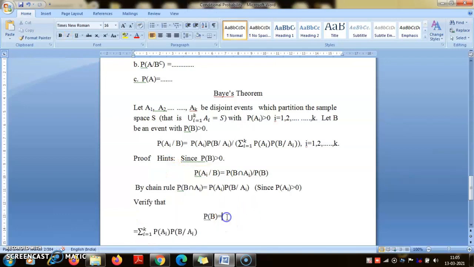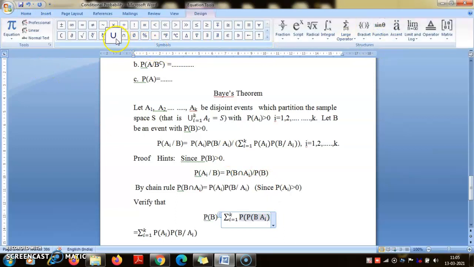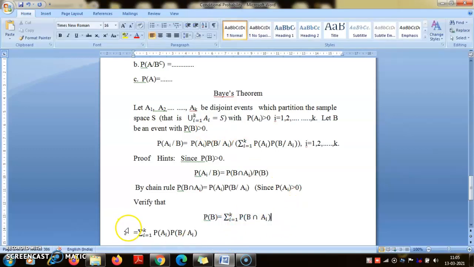You have to write it this way, that this is equal to the sum of B intersection Ai. This is something you will have to convince yourself of. I am leaving this as an exercise, and then the other part will follow. The second line will follow again from the chain rule.